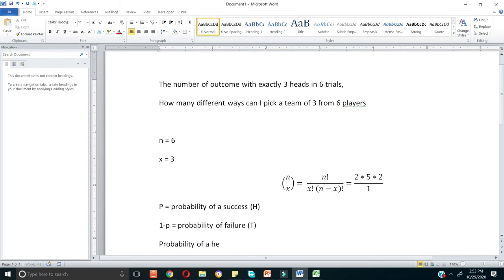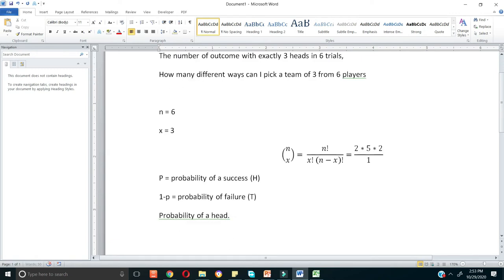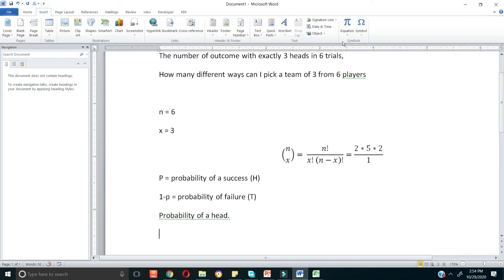Remember, since these are independent events, we could simply use the product rule of probability. This is the number, so this is the value. If we're going to use the product rule, the formula for getting the probability is going to be that combination that we have over there. Let me just insert a new equation over here.